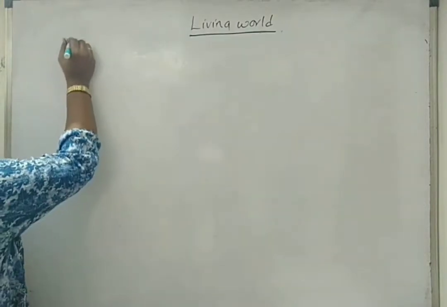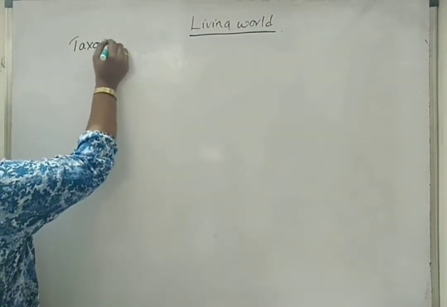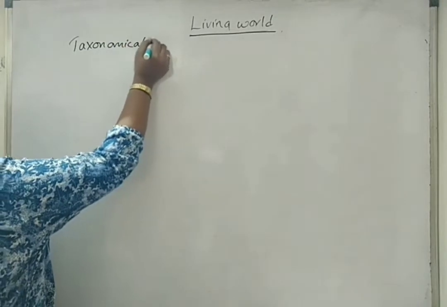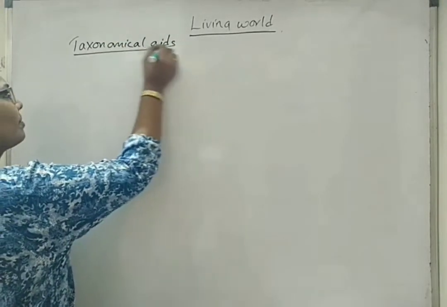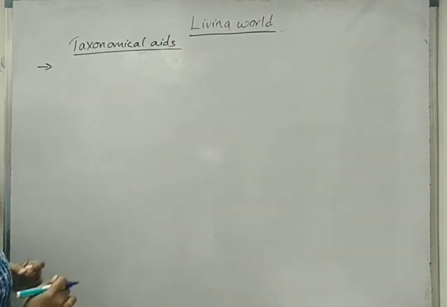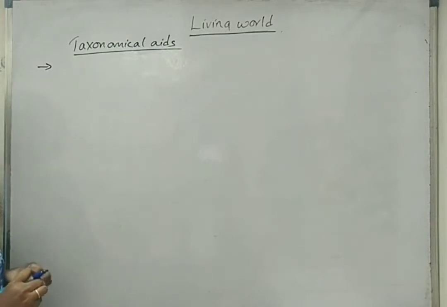Next topic is taxonomical aids. These are said to be the technical procedures and the stored information that are helpful for identification and classification of organisms.